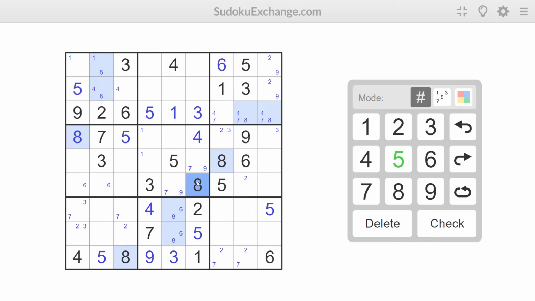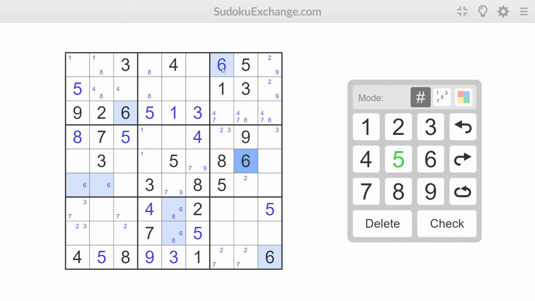8 here, couple of 8s here. So these two 8s here mean that this spot cannot have an 8. These two cannot have an 8. So put in 8s here. 6.